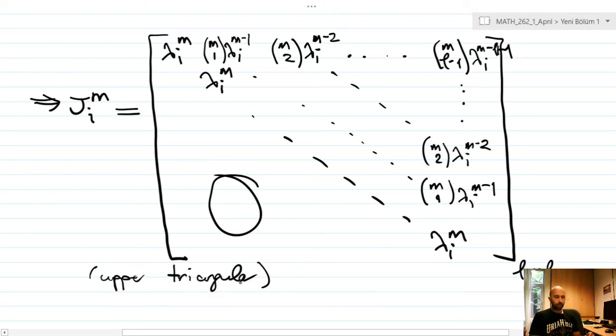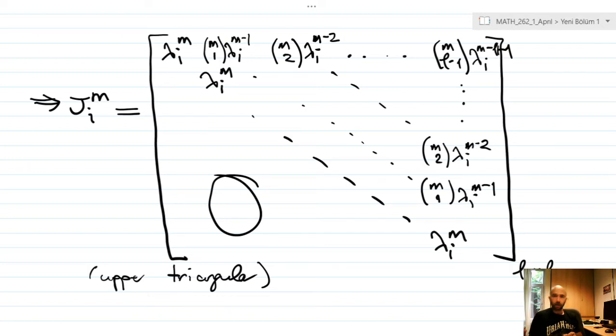Anyway, there are some slight combinatorial complications, but we have a clear formula for J_i to the power M when J_i is a Jordan block. Putting this all together gives us an efficient method to compute the powers of any such matrix.